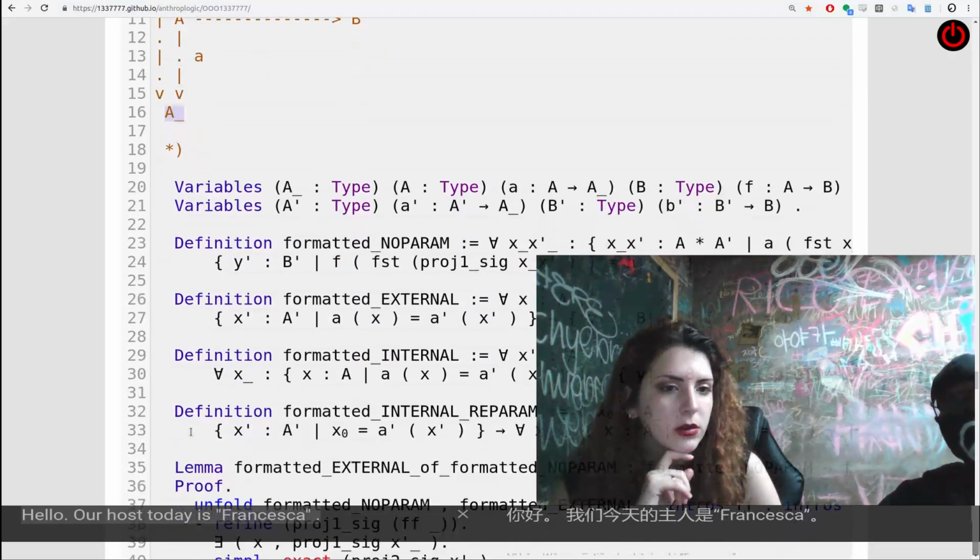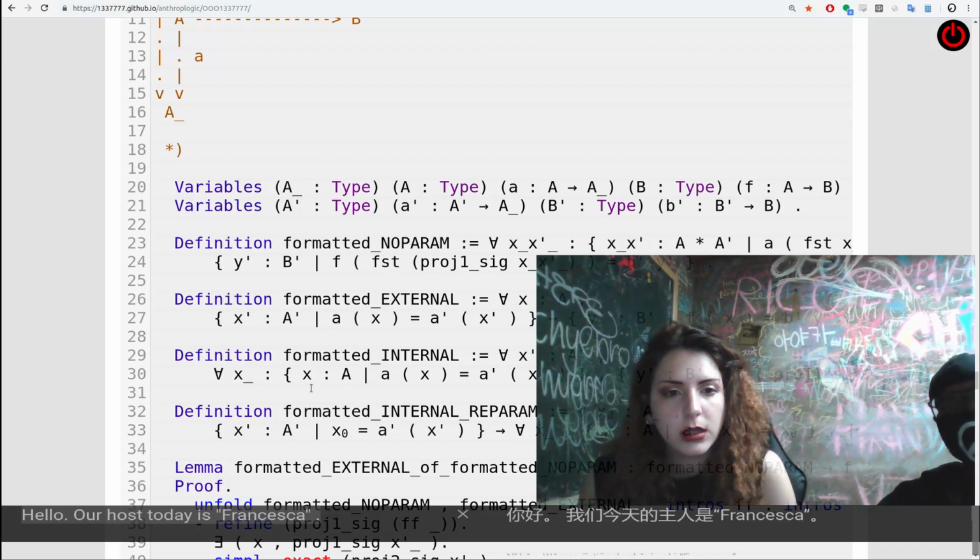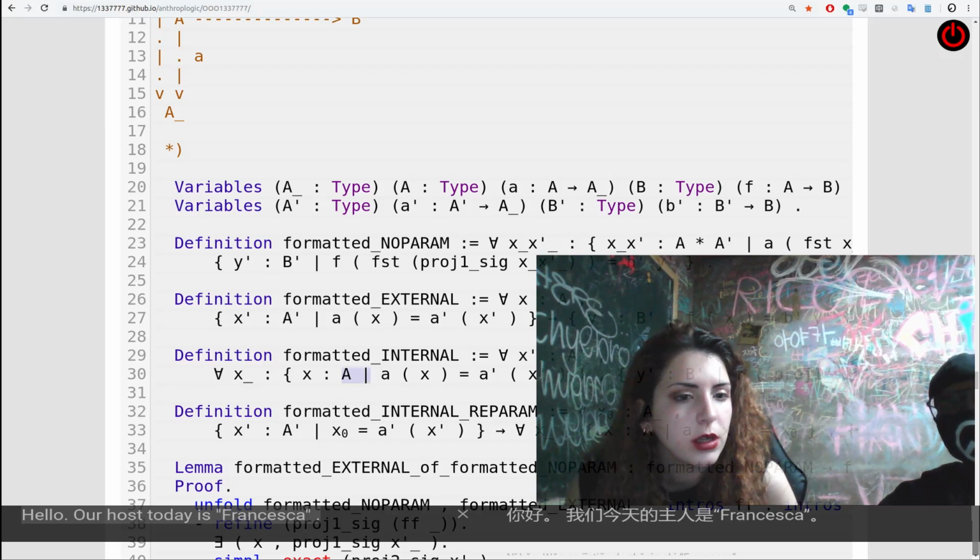So you start with A prime, and then you relax. This is a comma. It means that after you relax, you take A together with the evidence that they are the same downstairs.